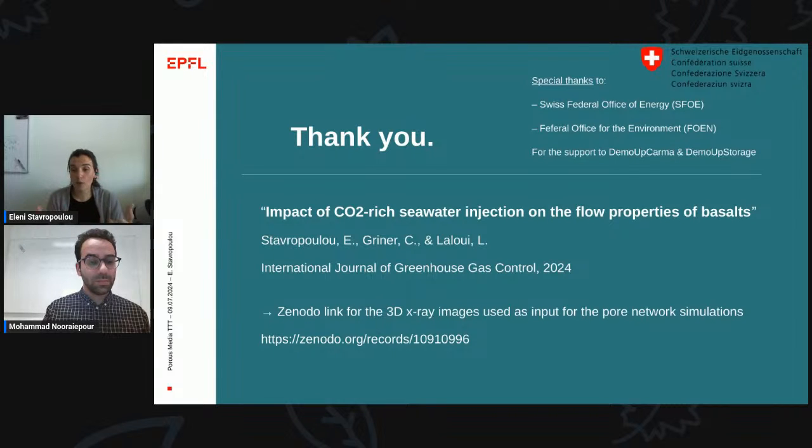In the cores where we saw reduction of flow, we only have the scan after the reduction, so we cannot have an image of when the dissolution might have occurred. We have directly the end.